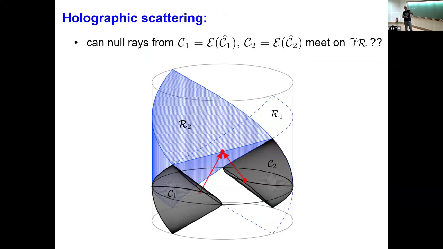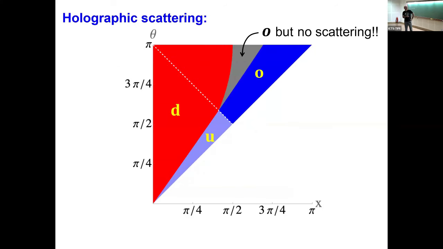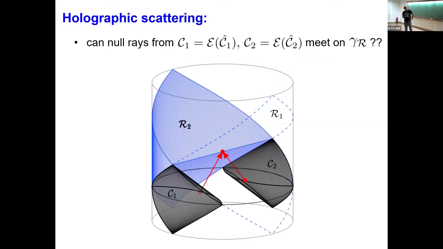On the other hand, we have to ask the question, when do we actually get holographic scattering? And there what I want to do is I want to know that I can get a scattering process that starts in these two regions, in the input regions, and makes it out into the output regions.